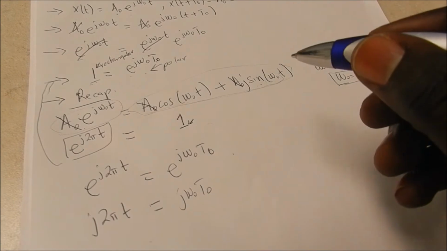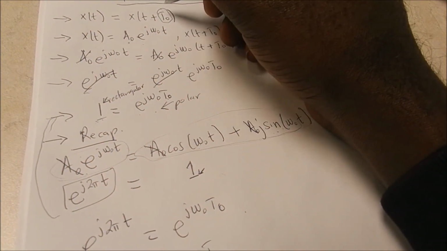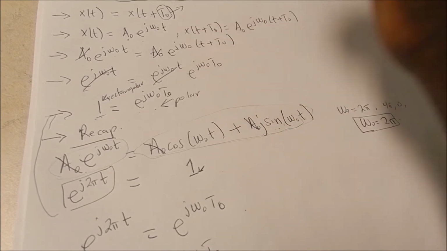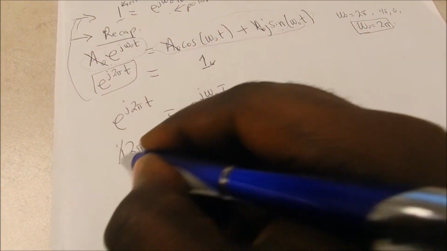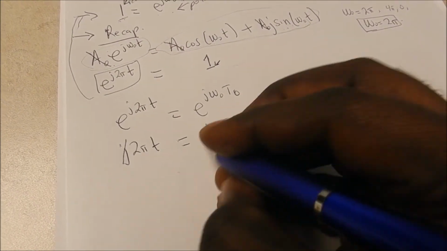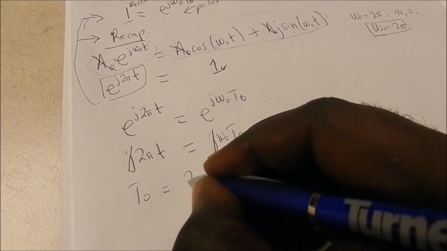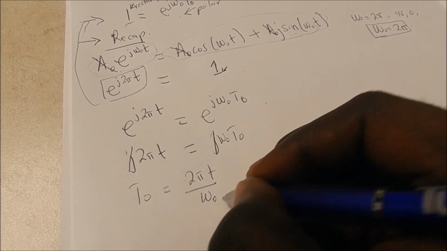Don't forget, our main goal is finding out what the fundamental period is. So j and j cancel each other, and t naught is equal to 2 pi t over omega naught.